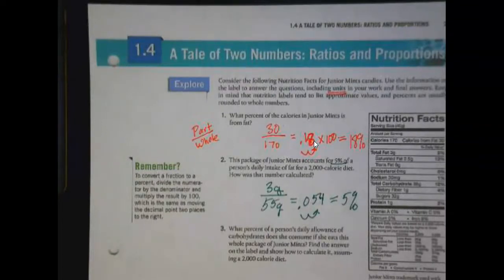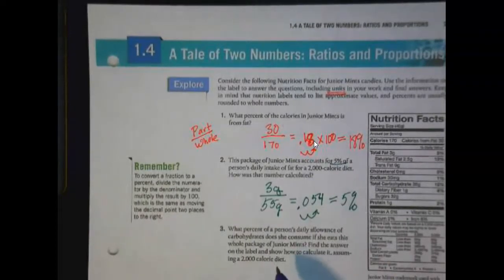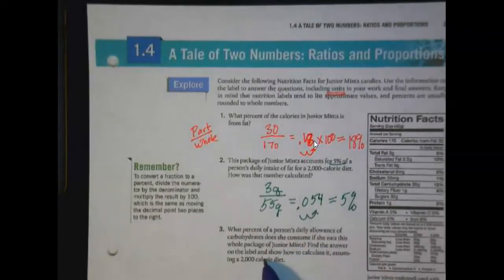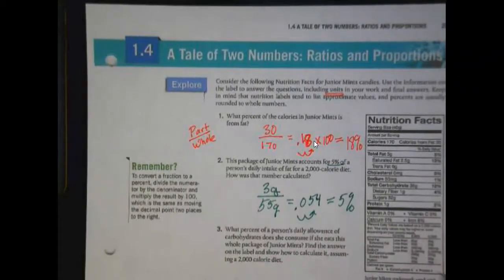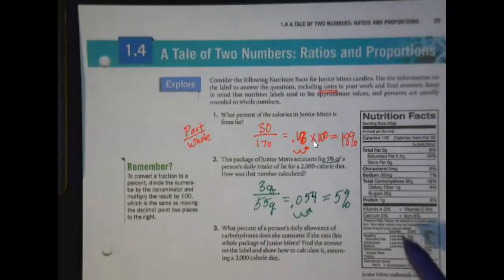Okay, number 3. What percent of a person's daily allowance of carbohydrates does she consume if she eats this whole package of Junior Mints? Find the answer on the label and show how to calculate it, assuming a 2,000 calorie diet. So again, we're going to use this 2,000 calorie diet over here.